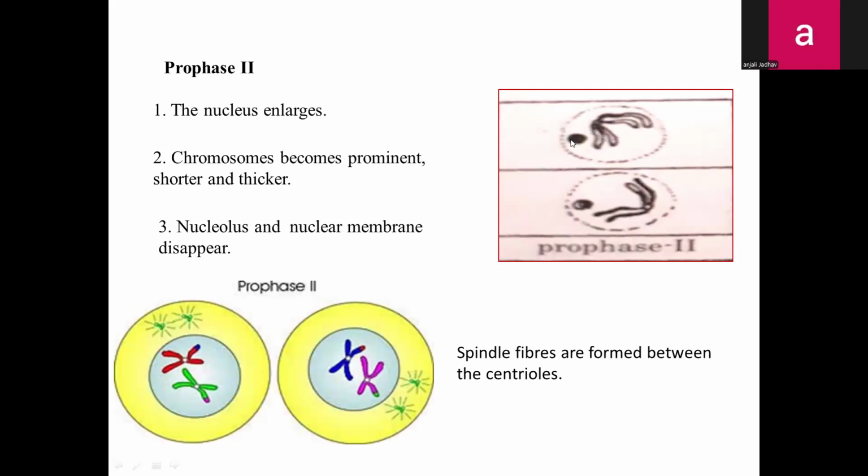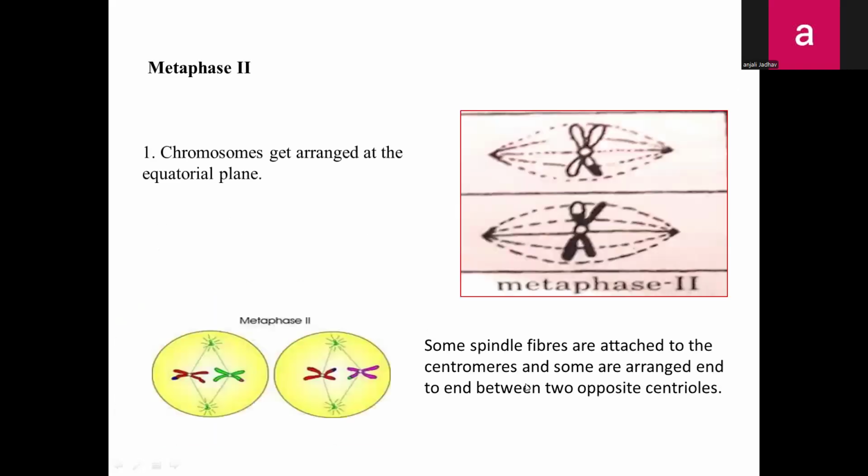And spindle fibers are formed between the centrioles. Metaphase 2, chromosomes get arranged at the equatorial plane. Some spindle fibers are attached to the centromere. And some are arranged end to end between two opposite centrioles.